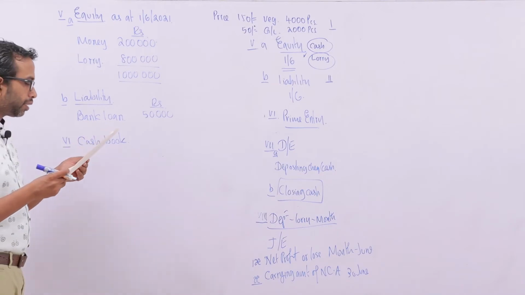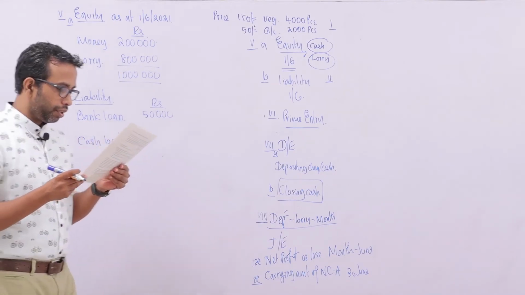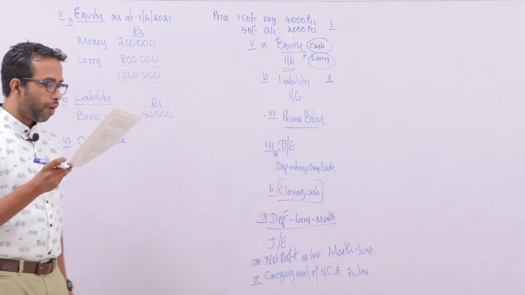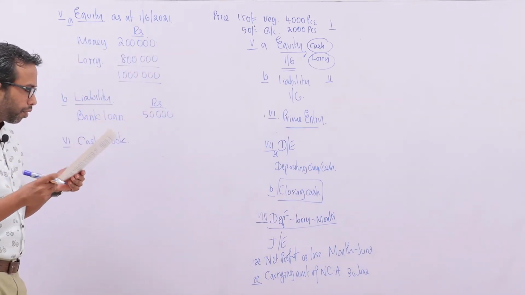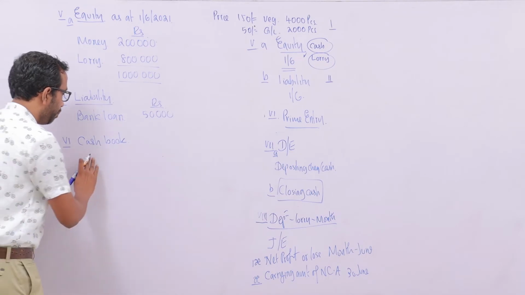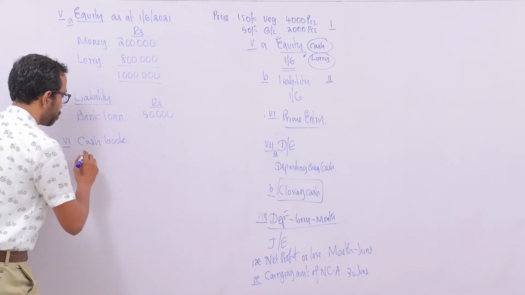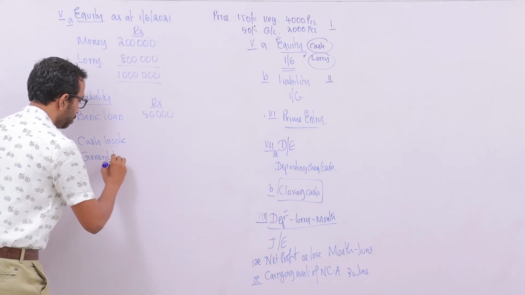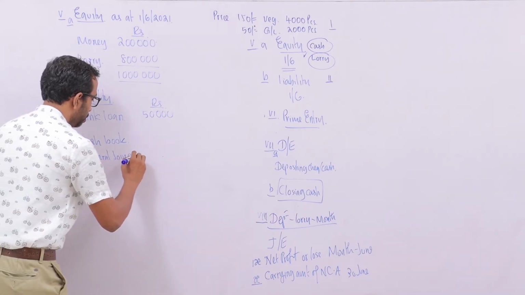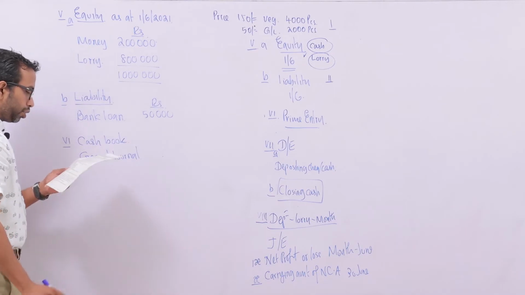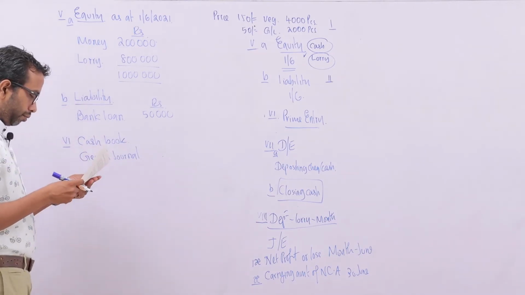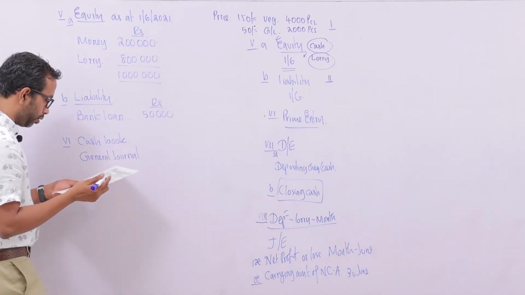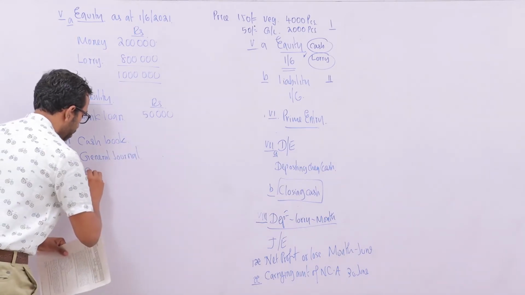And you maintain a bank account. For depreciation or adjustments, you use the general journal. You open a current account, so that means a bank account.